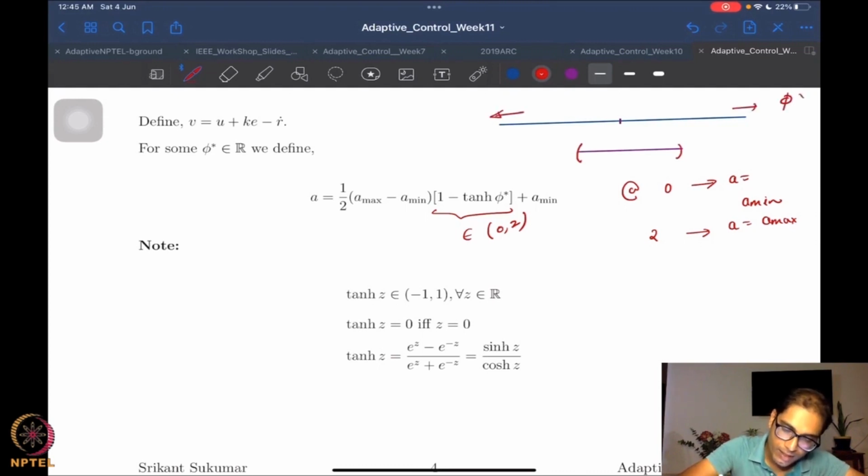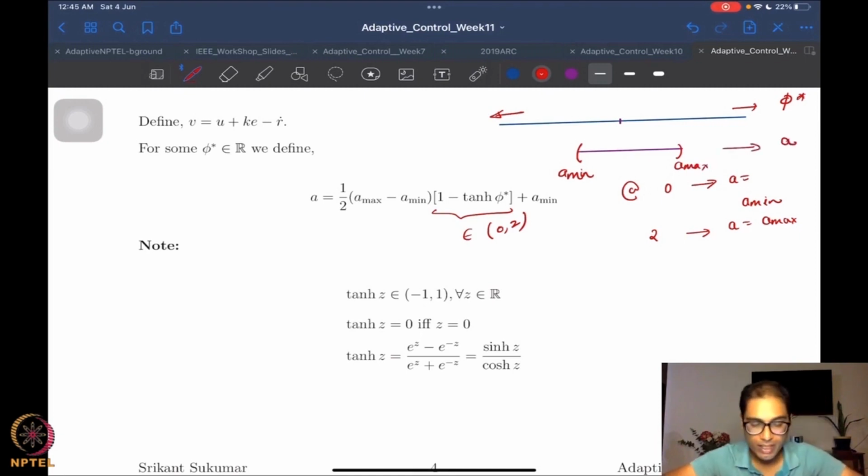So this is where phi star is, and this is ranging from A min to A max. This is where A is. So even though I vary phi star from minus infinity to infinity, I'm going to remain only within A min and A max. So this is the projection.